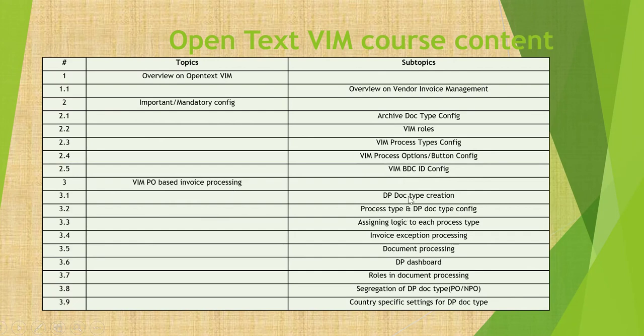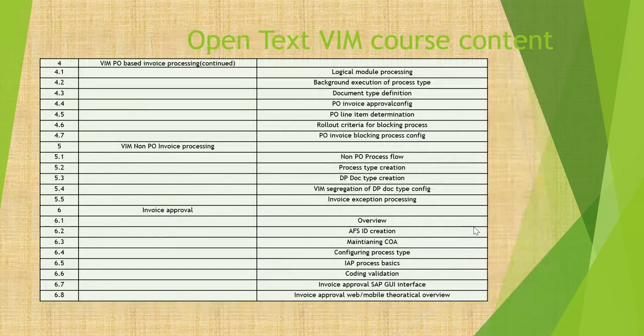Then we will go with DP doc type creation, process type and DP doc type configuration, assigning logic to each process type, invoice exception processing, document processing, DP dashboards, roles in document processing, segregation of DP doc type, PO and non-PO, and country-specific settings for PO document type. VIM PO-based invoice processing continued: logical logic module processing and background execution of the process types.